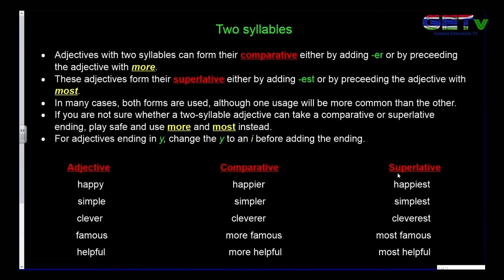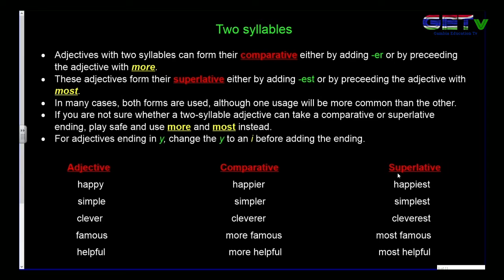In many cases, both forms are used, although one usage will be more common than the other. If you are not sure whether a two-syllable adjective can take a comparative or superlative ending, play safe. Use more and most instead, just to play safe.